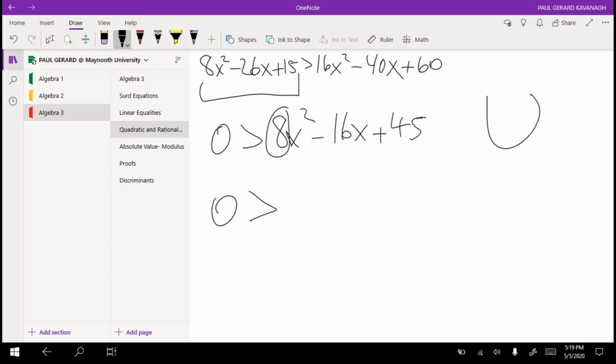If you multiply 5 by 9, it'll give you 45, and the 5 by the 8 will give you 40. That's not going to do. Let's see here. So 15 by 3, multiply the 3 by the 8, that would give you 24. 5 by 9, if you multiply it by that, no.